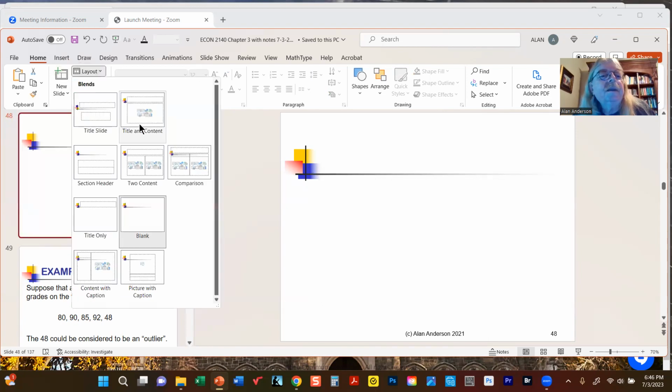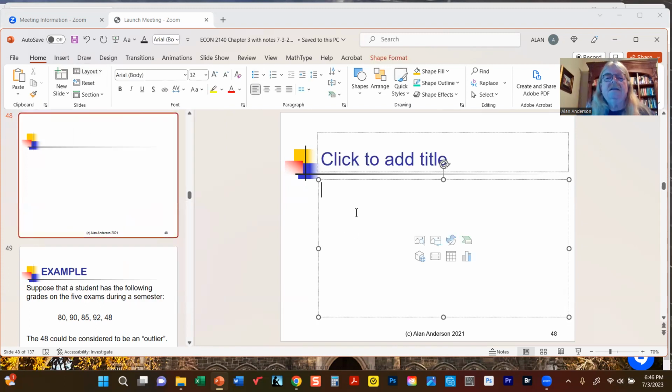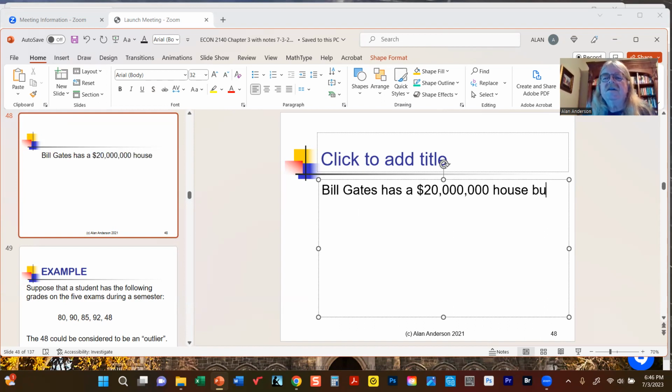So Bill Gates has a $20 million house built in this neighborhood.